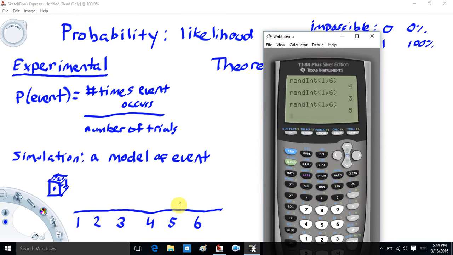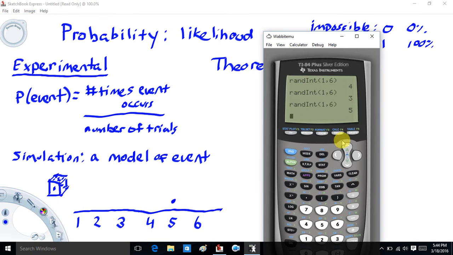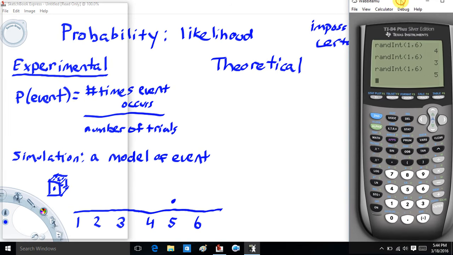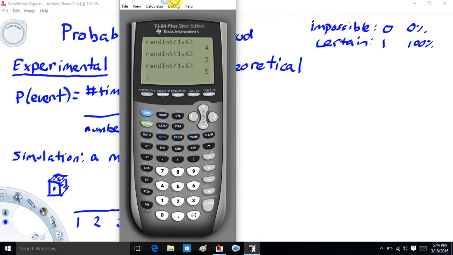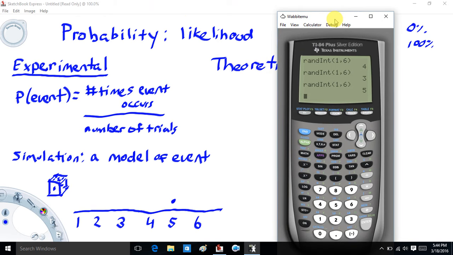So we got 5. We did it again. We got a 1.